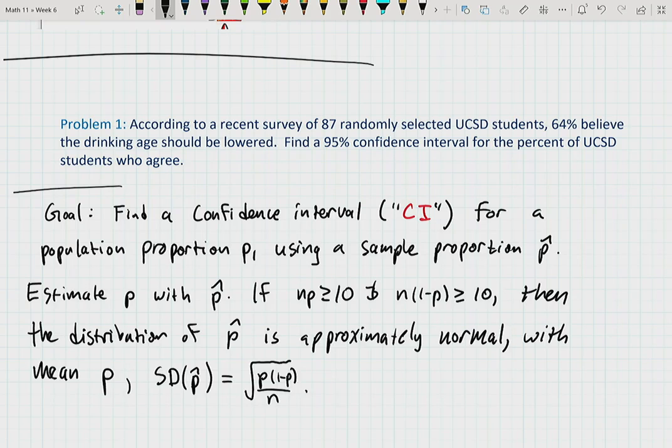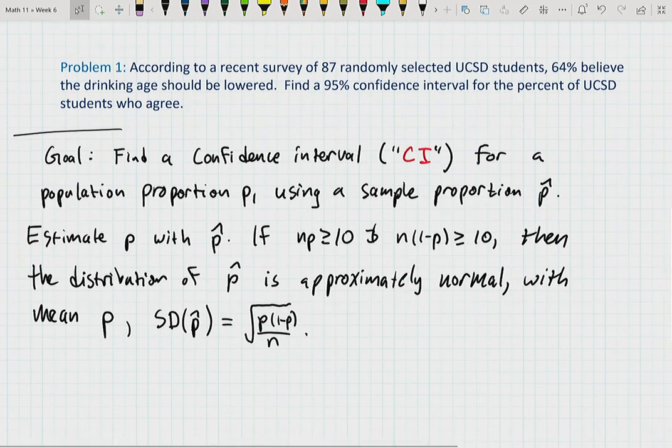But actually, we can't even use this because we don't know what p is. We're trying to figure out what the population proportion is. So before we can do that, we have to estimate what our standard deviation is, and thus we introduce the concept of standard error.